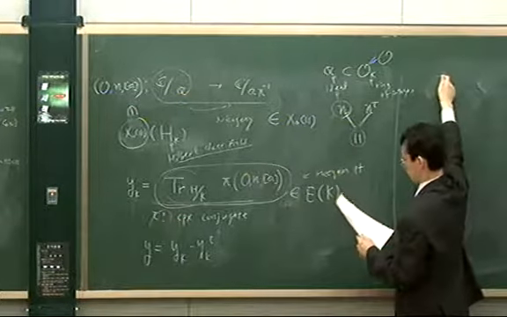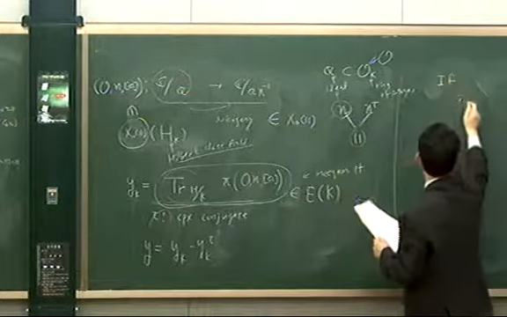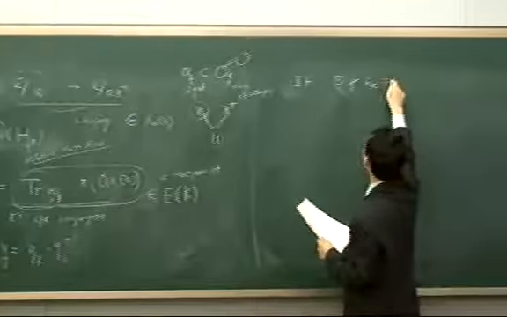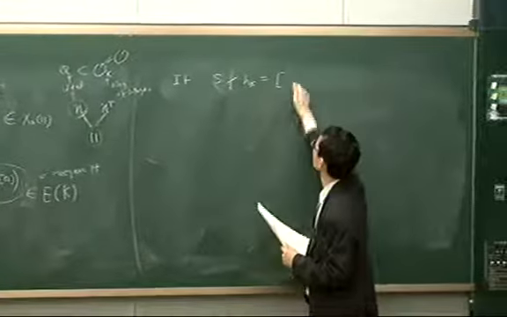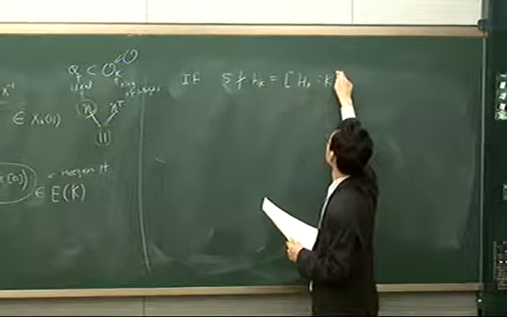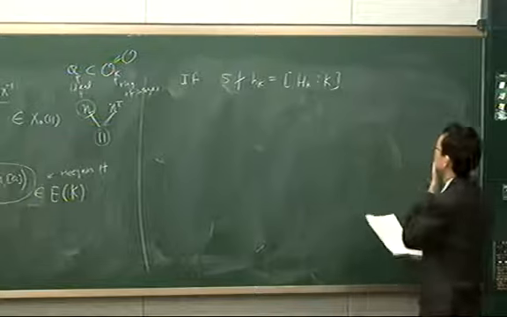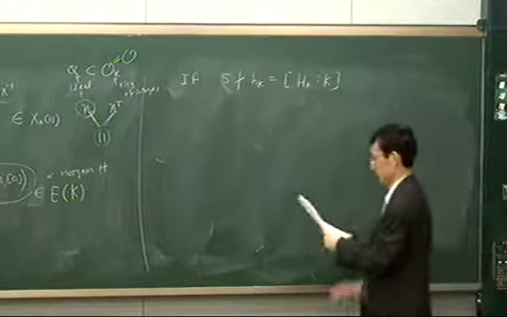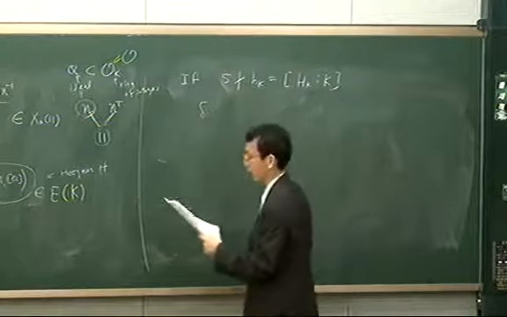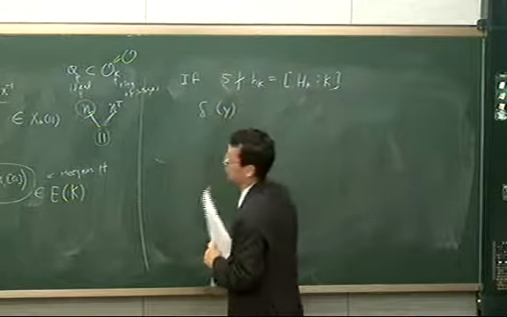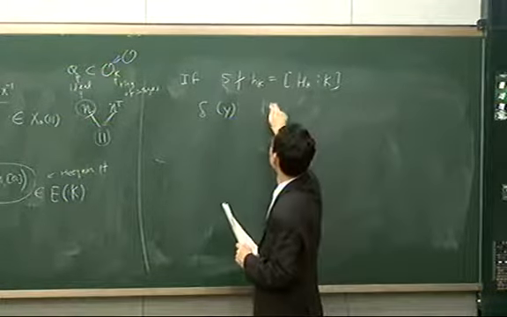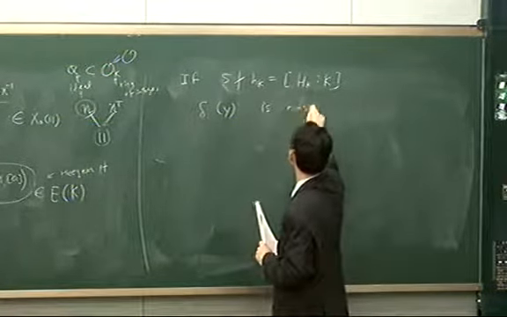If the prime does not divide the class number, the degree of the Hilbert class field over K, then we can compute that the value of the delta function at the Heegner point is non-trivial.